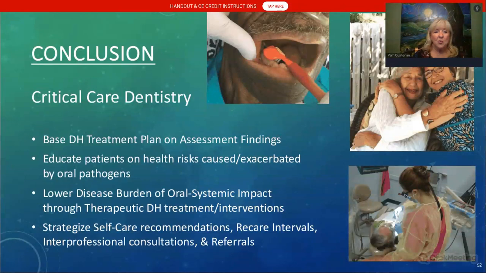When we're doing this, we're lowering the disease burden of oral systemic impact. So we are hoping to foil the pathogenic pathways that this bacteria will create if it's in dysbiosis, if it's out of balance. So we can do these things through our strategizing self-care recommendations with those patients, helping them understand the importance and finding ways to make reasonable recare intervals with our interprofessional consultations and communications so that the left hand knows what the right hand's doing.